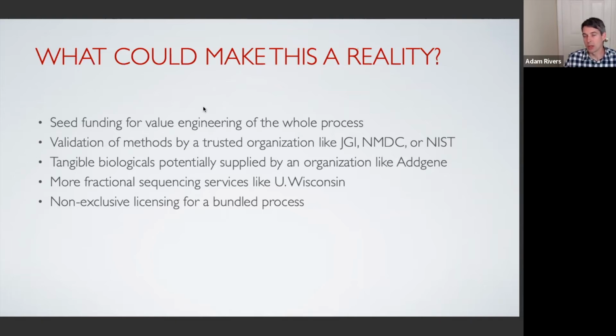Those kinds of fractional services allow us to multiplex better. And finally, if we're able to, through funding, develop a whole process for these different types of amplicon samples that has reduced cost, then we could potentially bundle that technology and not exclusively license it to a wide array of sequencing providers and allow them to improve competition.